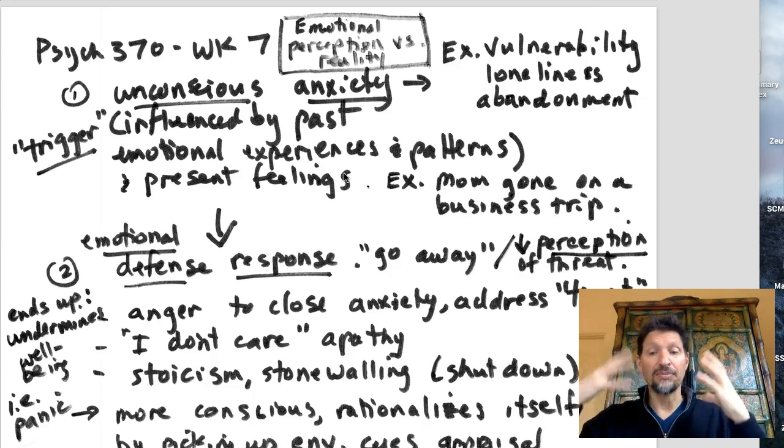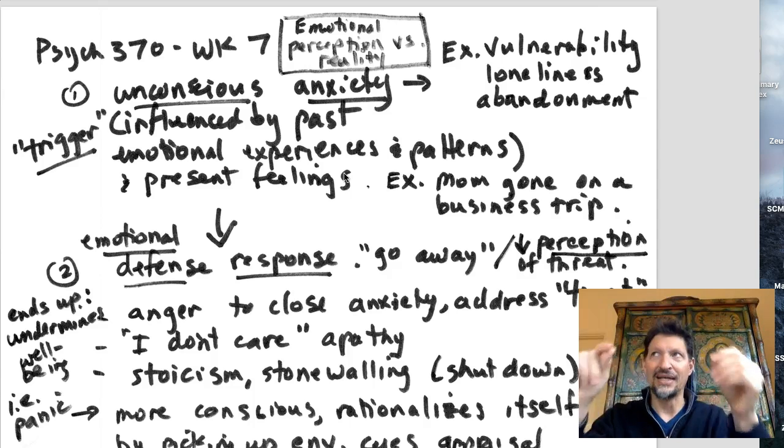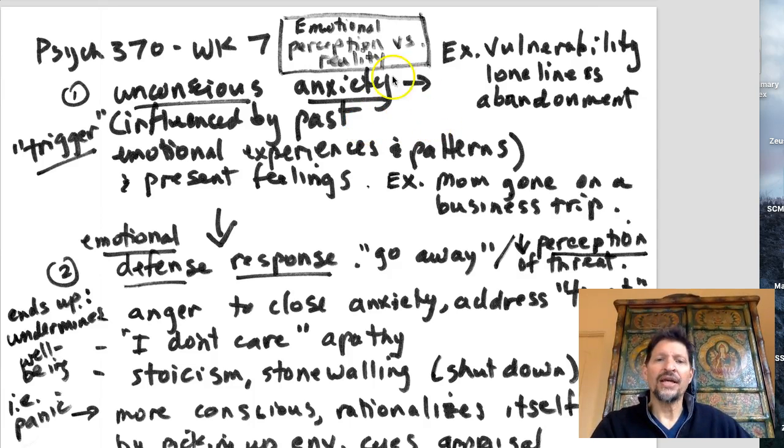And our bodies and our emotional brains probably can't tell the big difference between our perception of what is right or good, or whether or not that's happened in this situation, and the actual results that you could test out there. So let's go back to this notion of an unconscious anxiety. Here we have vulnerability, loneliness, or abandonment.